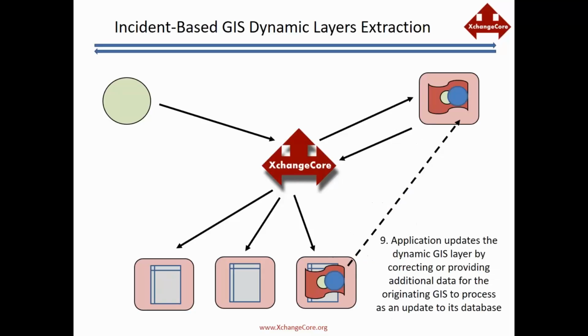So now, down on the bottom right-hand side, I've got the GIS data from the upper right-hand side, and we're going to do something to it. We're going to say, hey, you know what? This data is wrong.